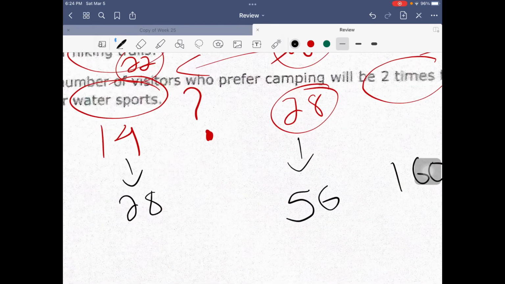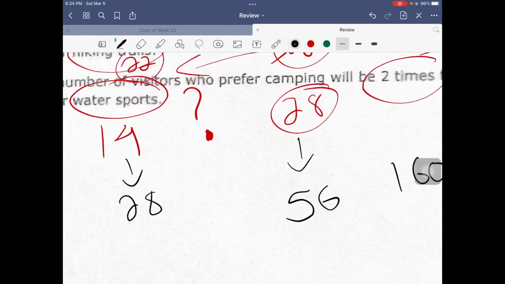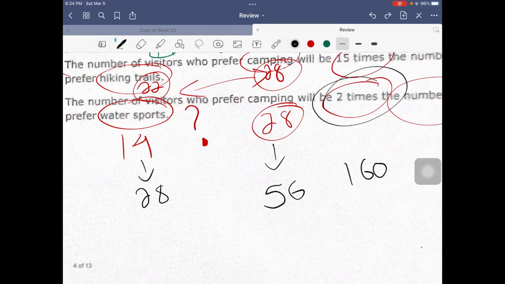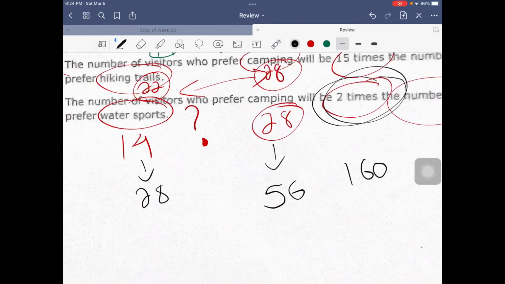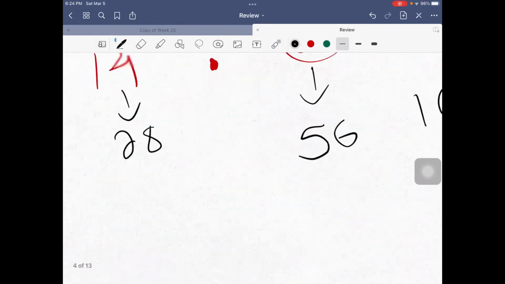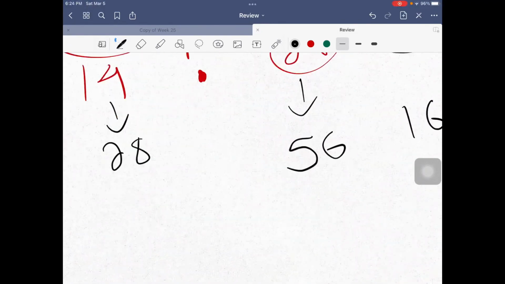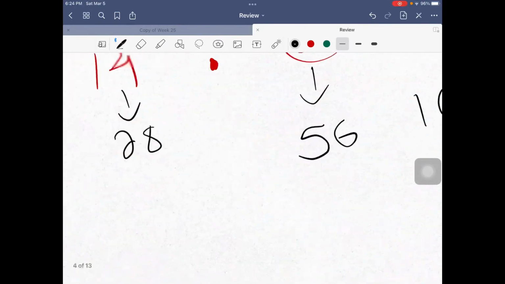Now, 2 times the number of visitors who prefer water sports. It doesn't necessarily have to be exactly 2 times, just as long as it's 2 times more. So, for example, if there's 28 people that prefer water sports, and there's 56 that prefer camping, there can also be 57.